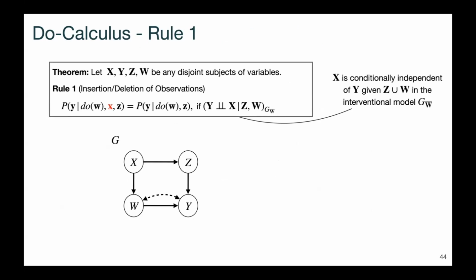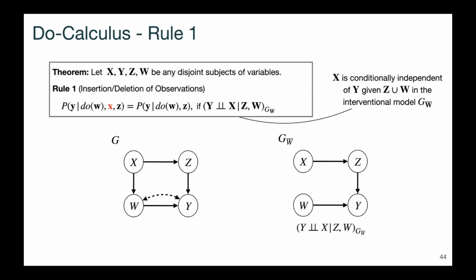Imagine that this is your causal diagram G, and you need to observe this separation in this manipulated graph G with a line over W. So this is the upper manipulation, and it will remove every edge with an arrowhead into W, like this edge here, and also this edge here. So I cut all these edges that are into W, and I create this graph, which is the G W-bar.